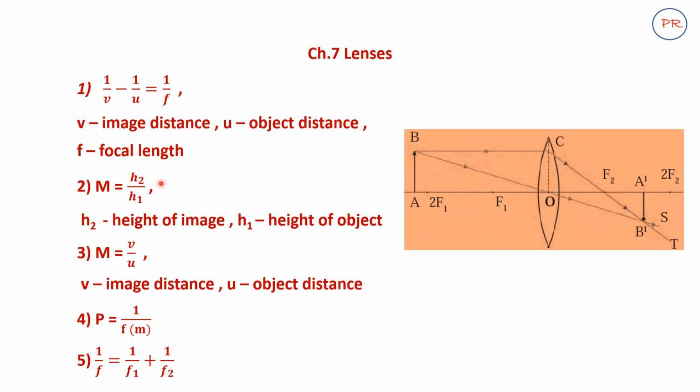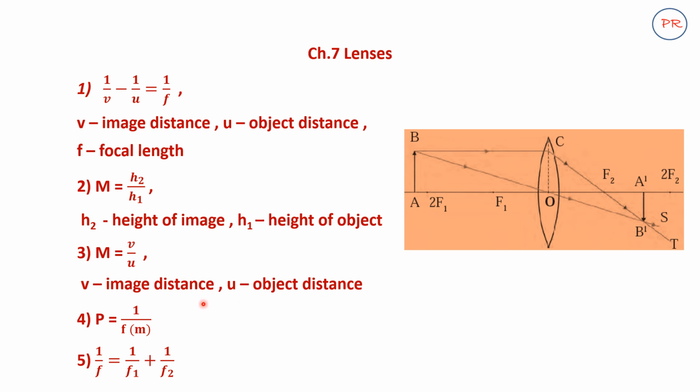Now magnification is given by h2 upon h1, where h2 is the height of the image and h1 is the height of the object. Another formula is m equal to v upon u, where v is the image distance and u is the object distance.